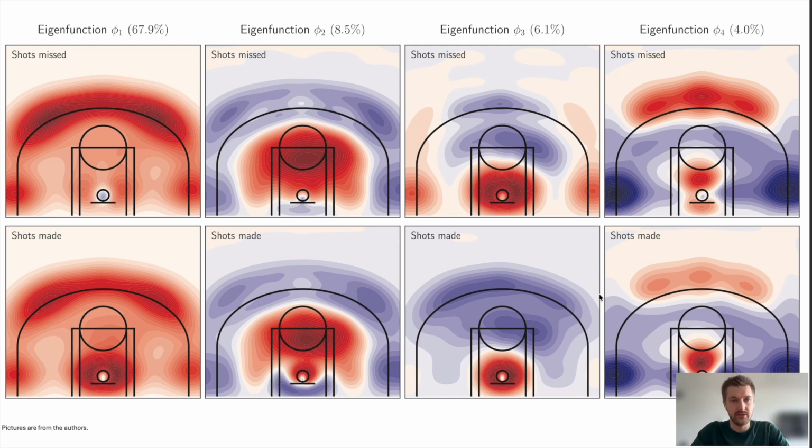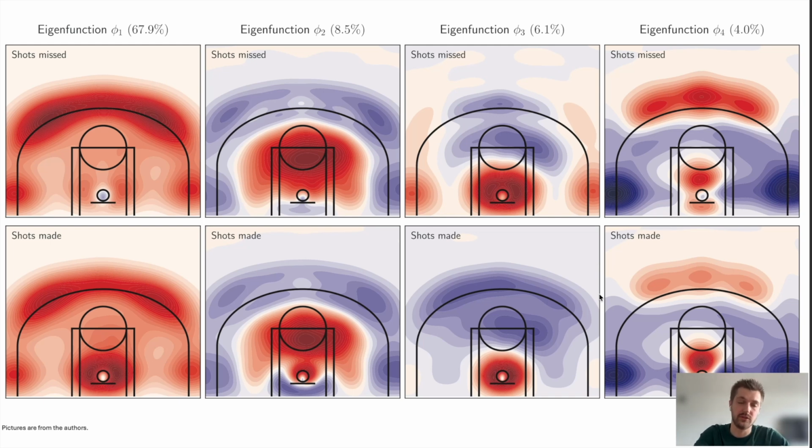To interpret these figures, you have to compute the difference between this function and the mean. If the color is red, it's above the mean, and if it's blue, it's below the mean. Then you can sum up everything, and you have the density for the player.